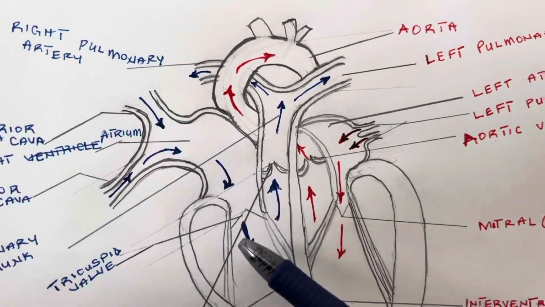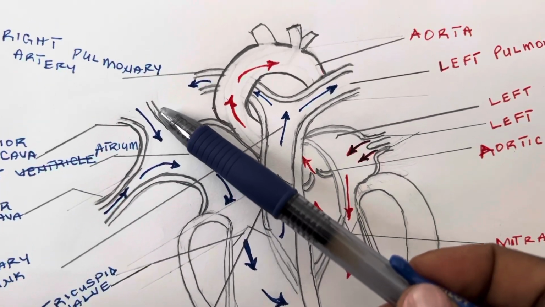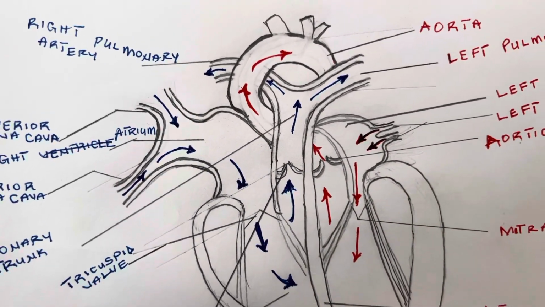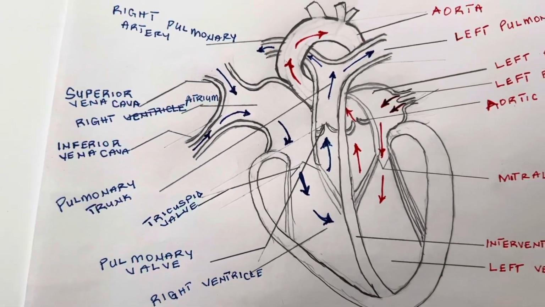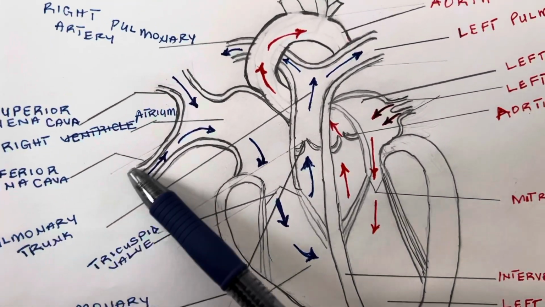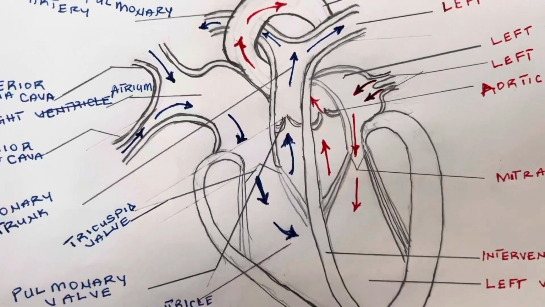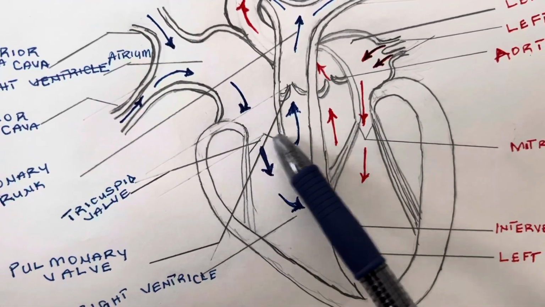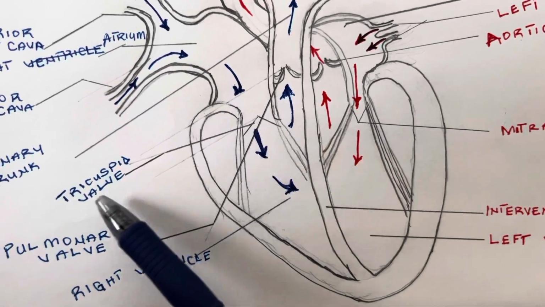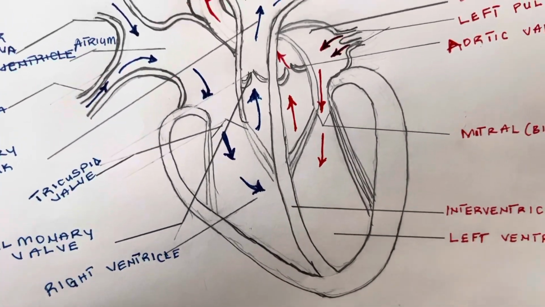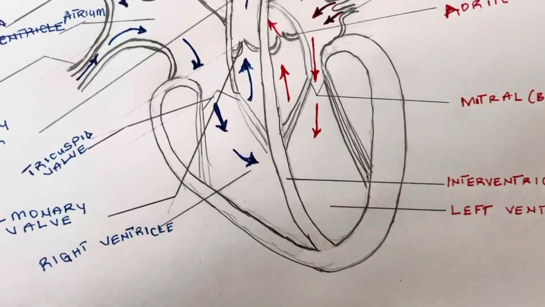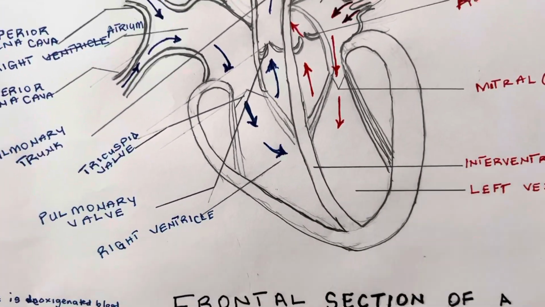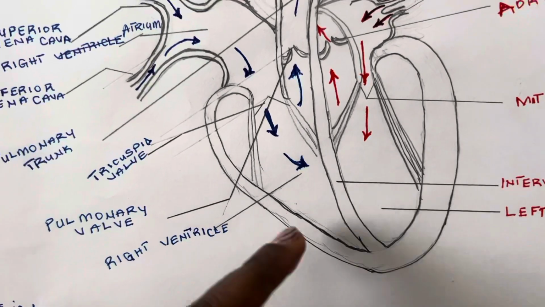So it receives this deoxygenated blood from the superior vena cava and inferior vena cava, and then it goes into the right atrium. And here we have this regulator, called the tricuspid valve, that regulates the blood flow from the right atrium into the right ventricle.